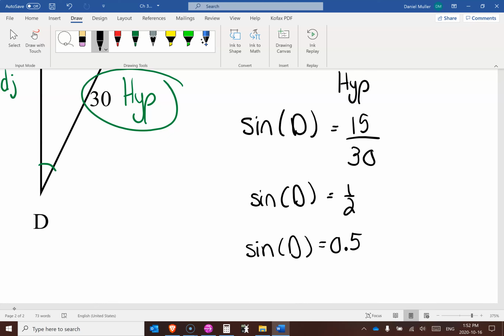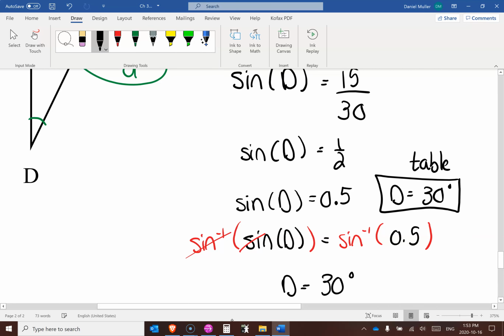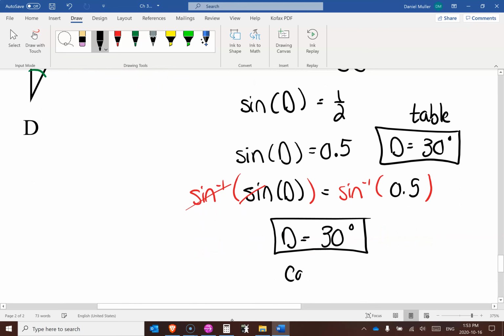So those can cancel. So you have D equals sine inverse of 0.5, which you go into the calculator, 0.5, hit the sine inverse, 30. And that was using a calculator.